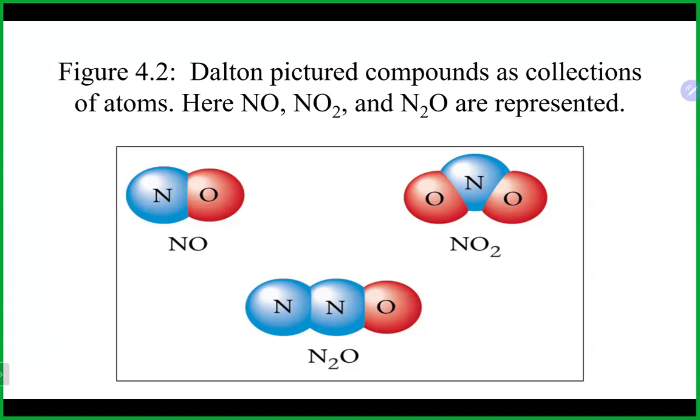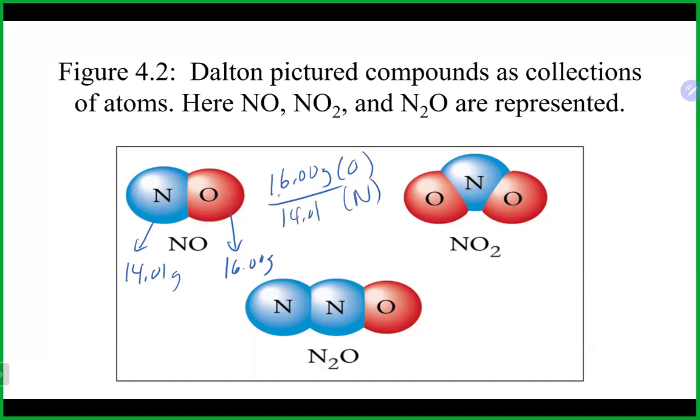And if we look at something, for example, nitrogen is about 14 grams, oxygen is about 16 grams. If we take the ratio of oxygen's mass to nitrogen's mass here of 14.01, we take 16 divided by 14.01, we end up with something like 1.14 as the ratio, basically oxygen to nitrogen.